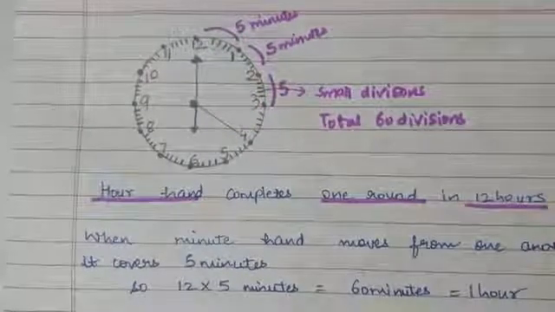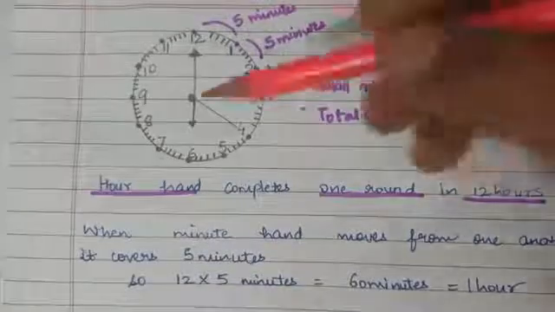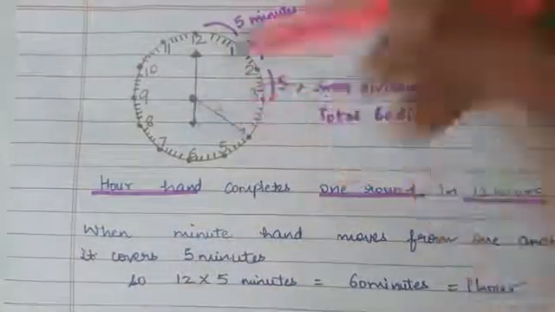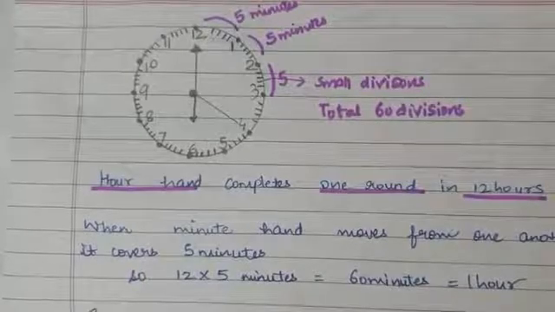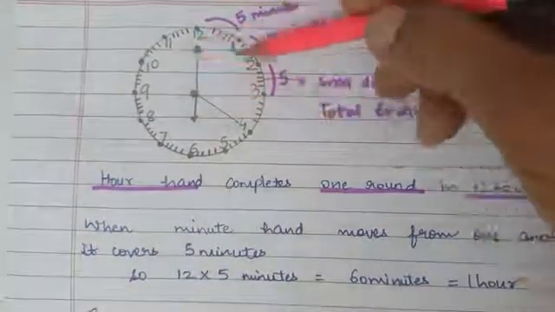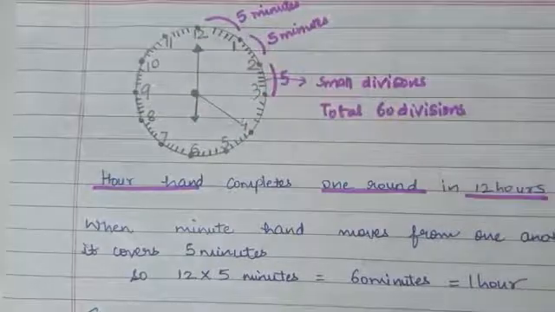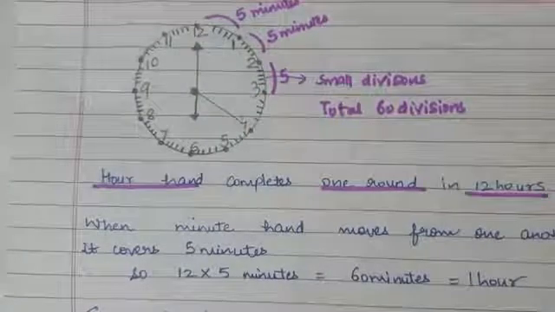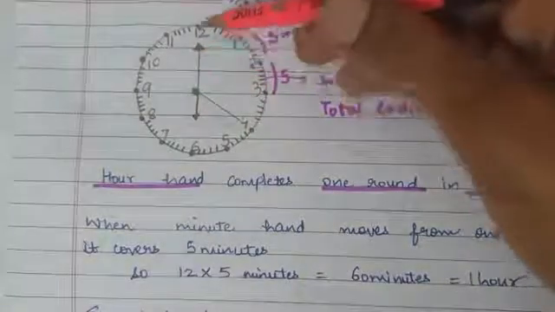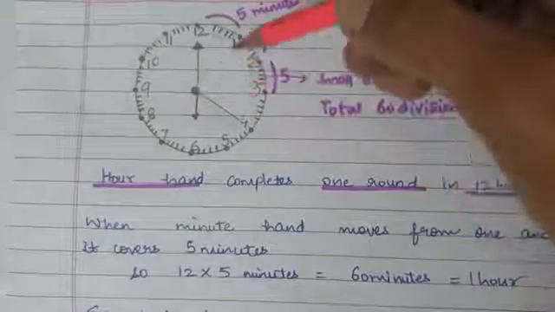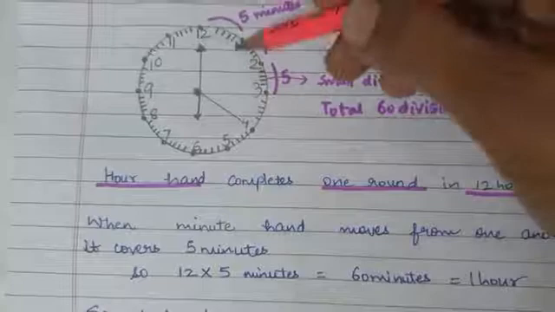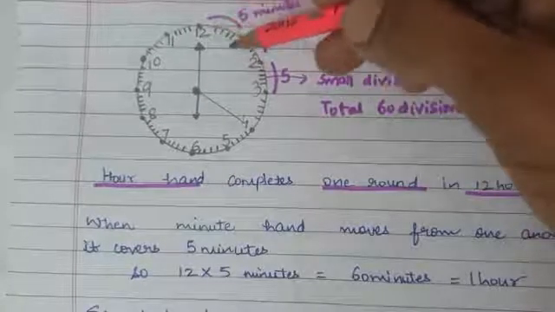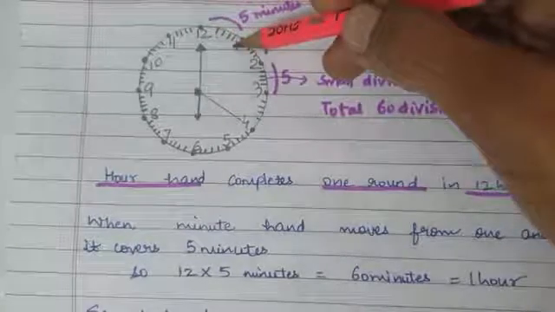Now children, our hour hand, that is this smaller one, completes one round in 12 hours. And the minute hand, when it moves from one number to another, covers 5 minutes.